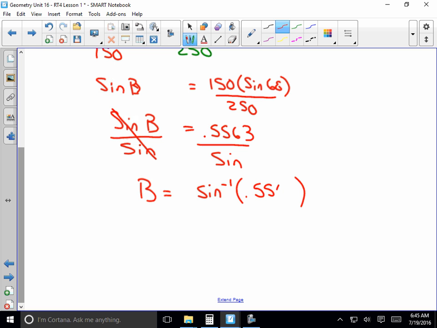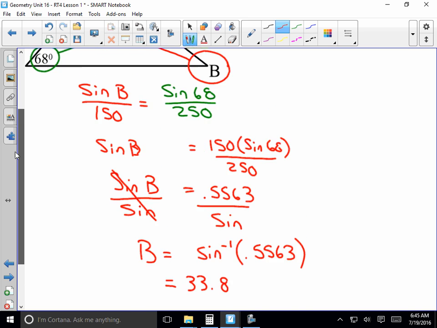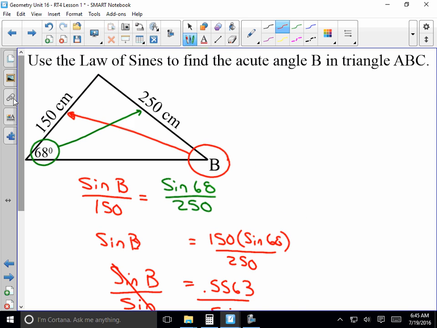And then we just plug our decimal value into that. So we've got second sine, which gives us sine -1, or inverse sine, of 0.5563. And we get an angle measure for B of 33.8.